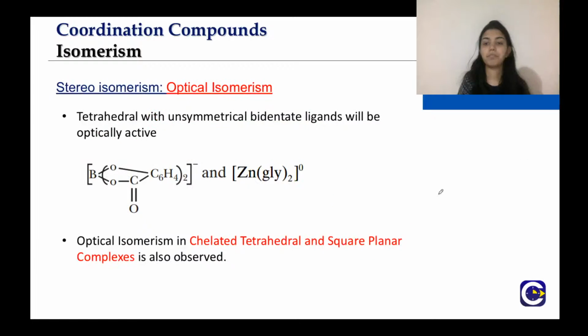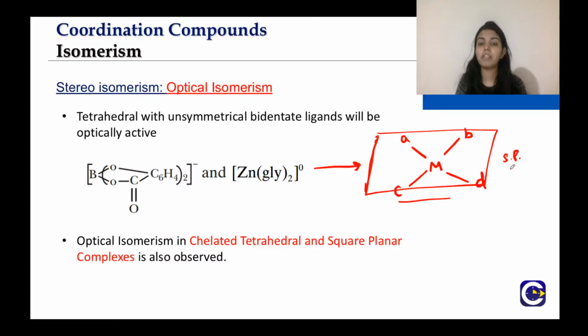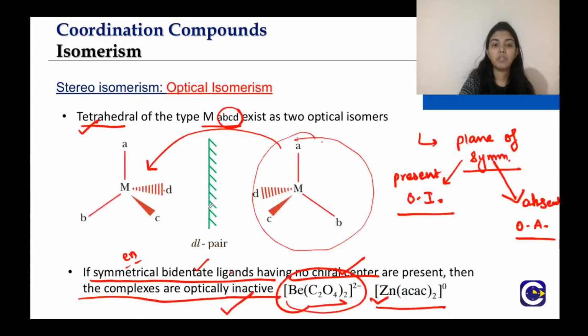For example, let us say you are having this A, B, C, D, right? You can cut it like this in the plane only, right? You can slide it like this, so the two halves will be reflecting each other. So this type of square planar complex will be optically inactive. While in the case of a chelating ligand, the square planar complexes may exhibit optical isomerism. Okay, so this you need to remember.